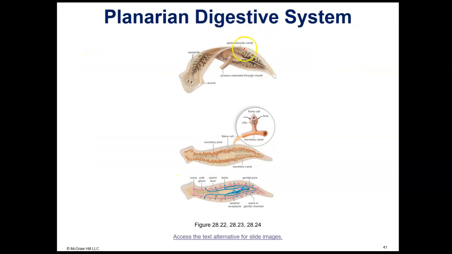A planaria is actually studied a lot in biology class, especially when we have lab that meets face to face. They're fun to order the planaria and study them.